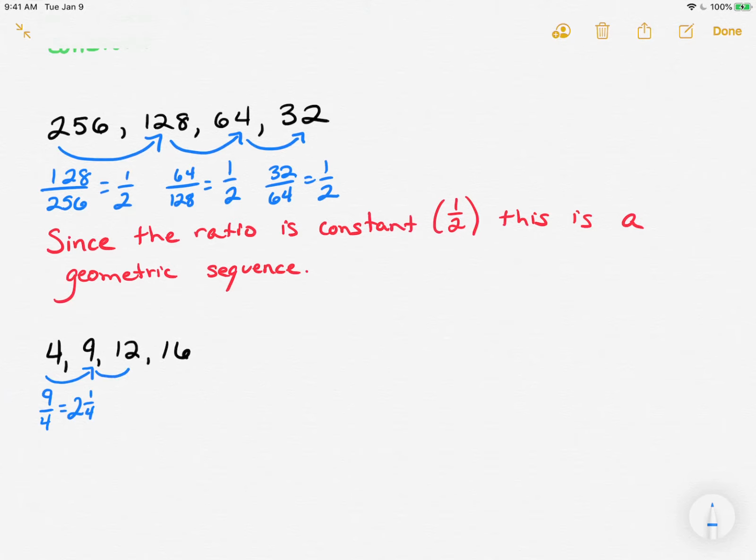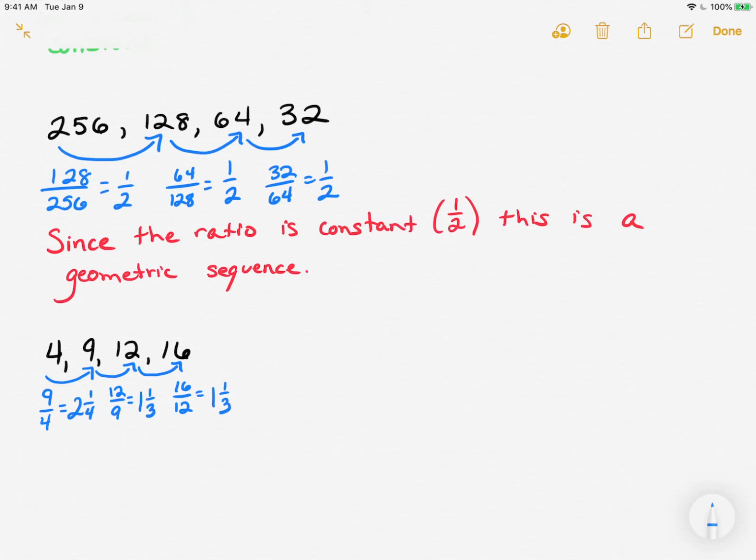It's 9 to 12. So I would do 12 over 9, which reduces to 1 1/3. Uh-oh. There's not really any reason to go farther because I know they're not the same, but I will just for the sake of completeness. 16 over 12. That's also 4/3, or 1 1/3.